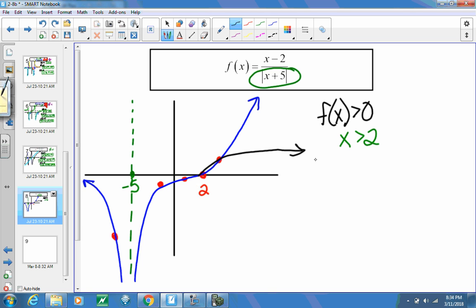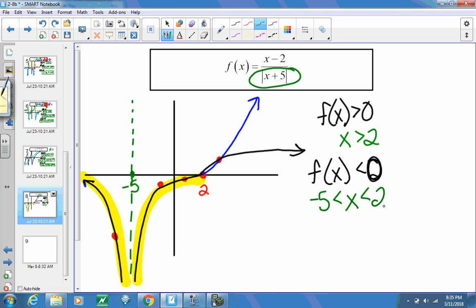As far as when our function f of x is less than 0, we're going to be looking at being below this point here. So I have two intervals that are less than 0. So x is going to be greater than negative 5 but less than positive 2, and also for when x is less than negative 5.